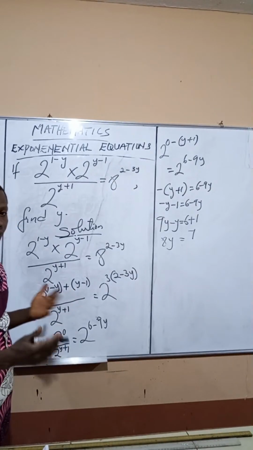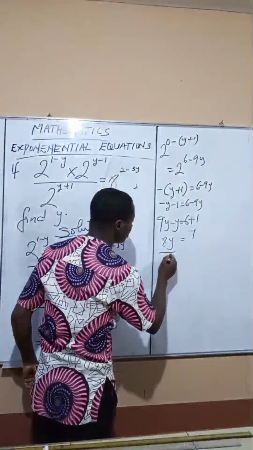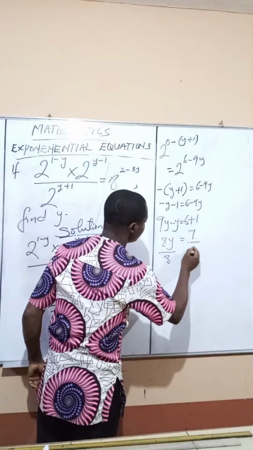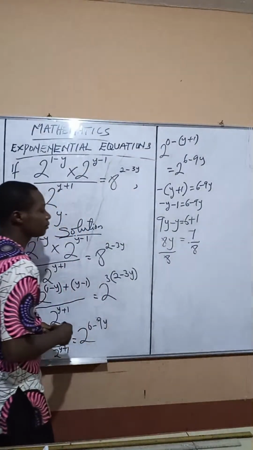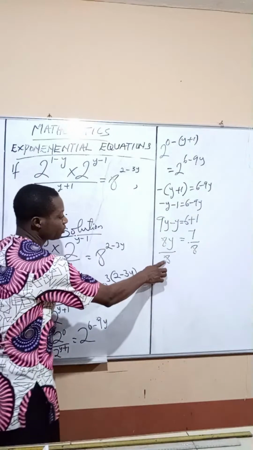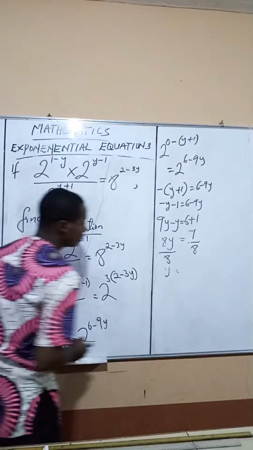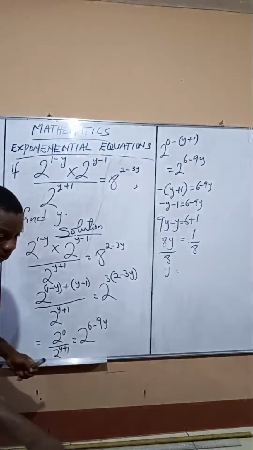And the answer will be a fraction, but don't worry, it's okay. You can divide here by 8, divide here by 8. So if we do that, what are we going to get? 8 will cancel 8 here, so that gives y. Sorry, I know I'm obstructing some persons here.